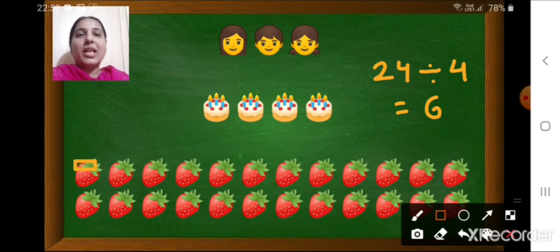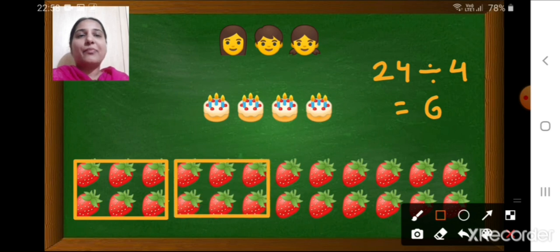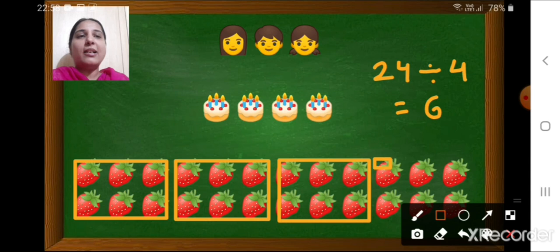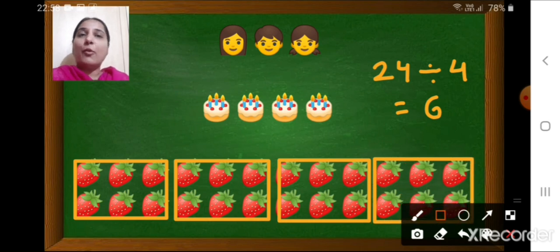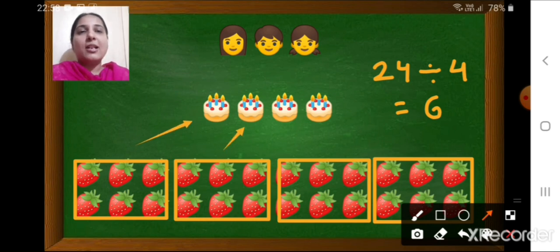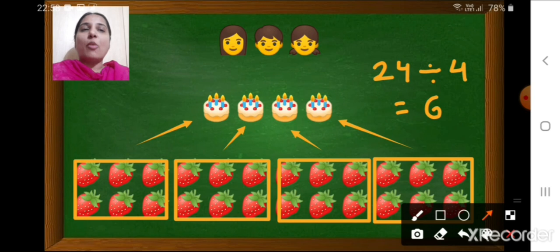So these 6, then again these 6, and again, how many groups of 6 can you see here? Yes, 4. Got it? So these 6 you will put on cake number 1, again 6 strawberries on cake number 2, then again 6 strawberries on cake number 3, and again 6 strawberries on cake number 4.